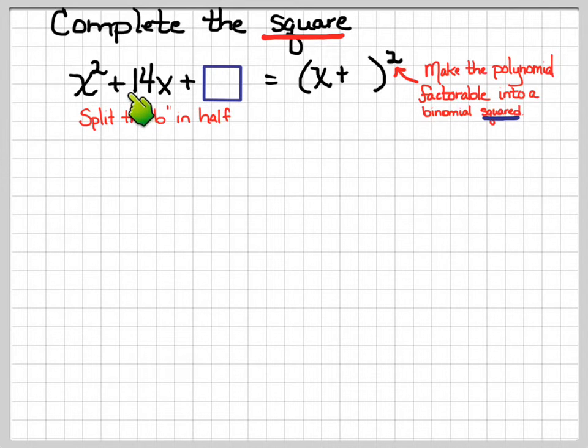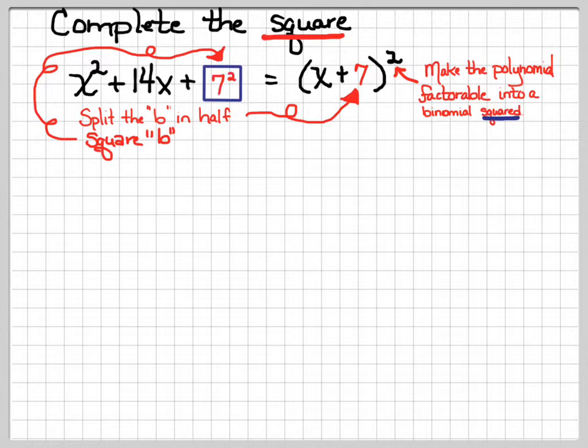Remember your ABCs of quadratic equations. This is your b value. If you split it in half and put it here, this is how it would be factored. So the question is, what do I put here? And the answer is 7 squared, or 49.